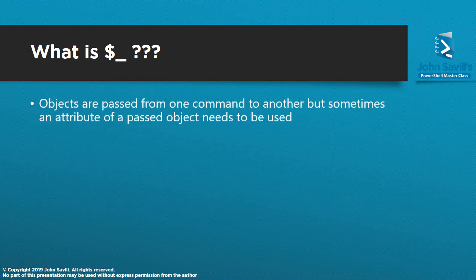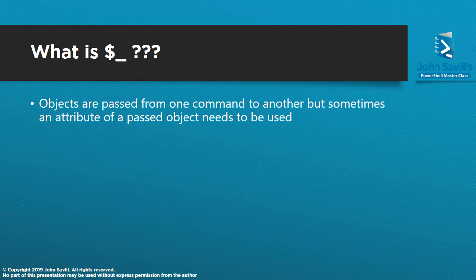Now, you've seen me a few times do $_. And I kind of explained it as, when I get these objects and they're passed from one command down the pipeline, $_ represents each object that is sent to me.